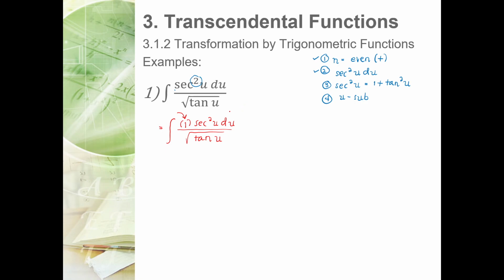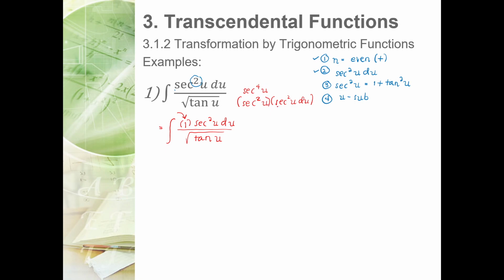Again, what I mean by this is, for example, we have secant to the power of 4 u. If you factor out secant squared in the second step, what will happen is you have secant squared u, and then secant squared u du. This will happen if our exponent is to the power of 4.